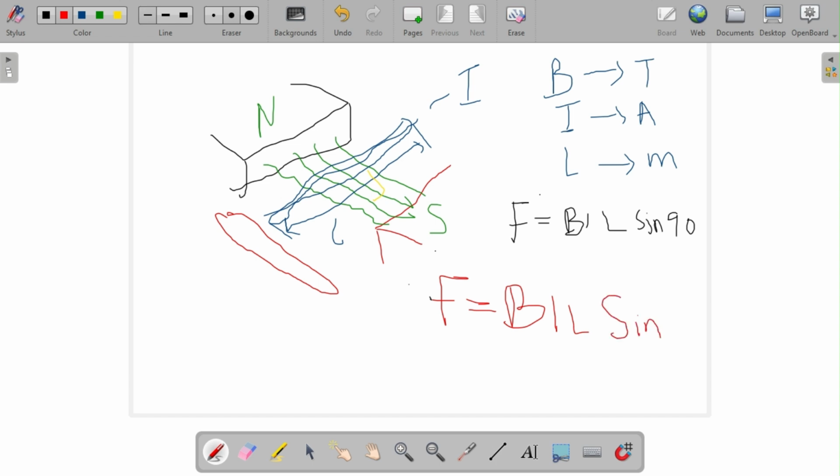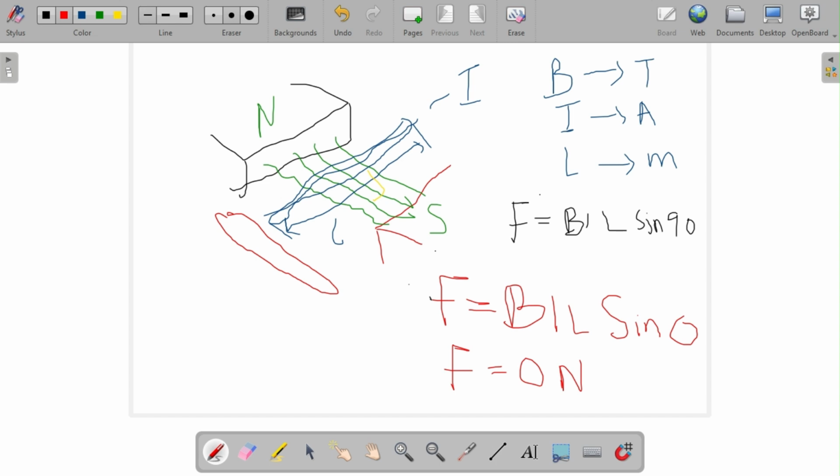When you use your calculator, sine 0 is 0. Of course, 0 multiplied by everything here gives you 0. So your force is 0. You can just give a short note and state that whenever the conductor is parallel to the magnetic field, the force generated is 0 newtons.